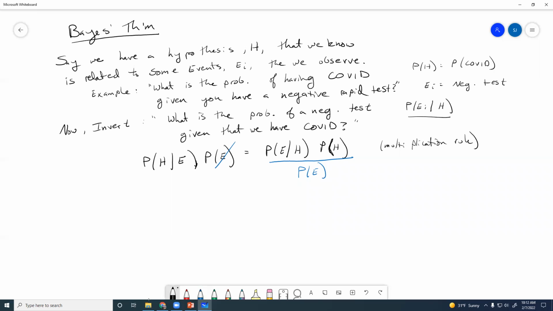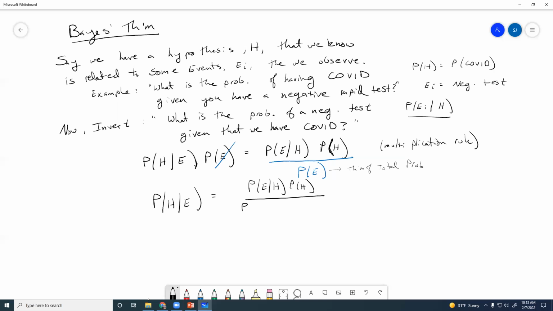And then our next step, we'll use the theorem of total probability. So we'll use this probability of E. We'll extrapolate this out using the theorem of total probability. So in this example, it's a binary example.